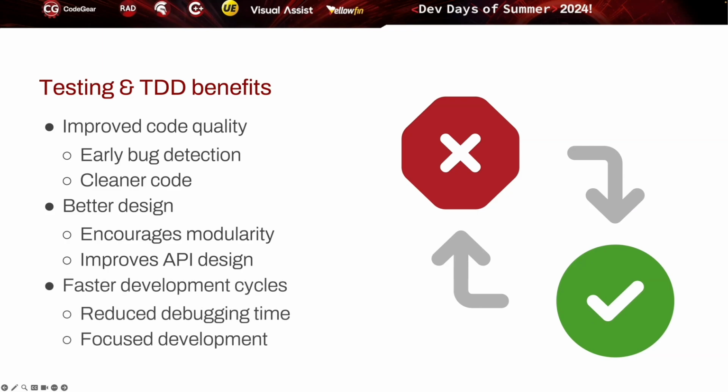And then because it's a cycle, it generally increases your performance in development. So you reduce debugging time because you're testing things out how you expect them to behave up front, before you actually put them into a real application, and the feedback is, or it should be, instant if you're doing it properly.